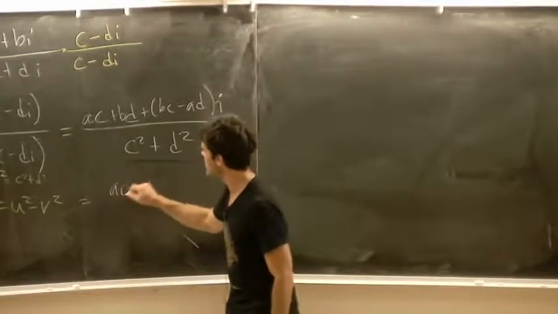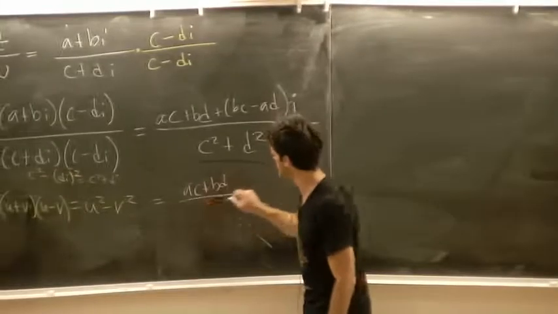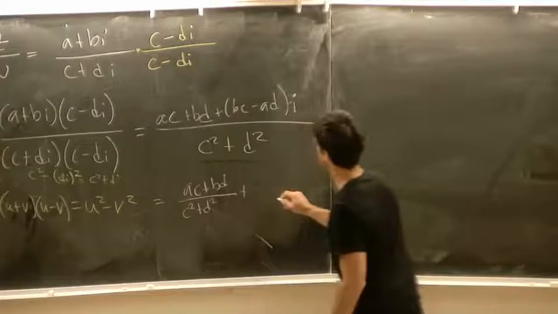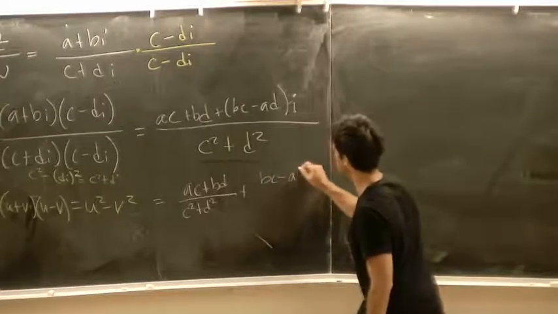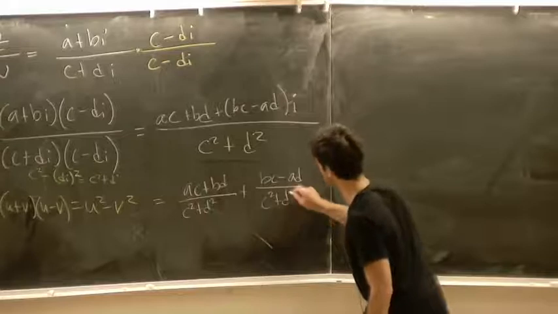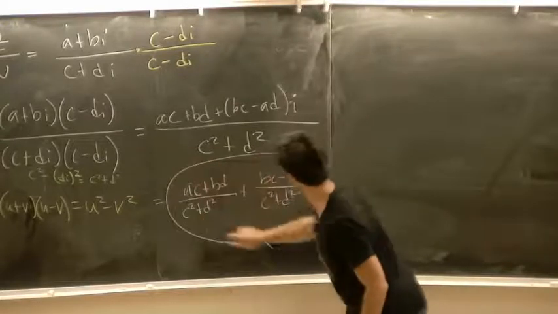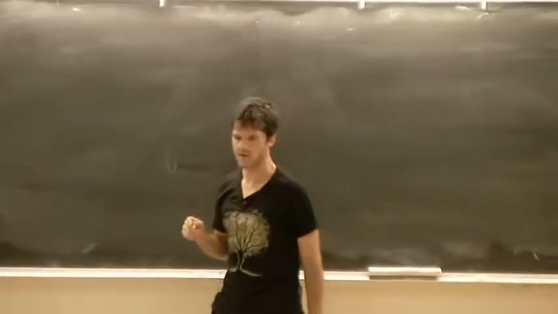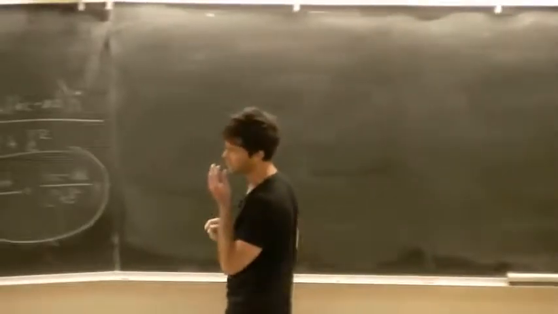This is (ac plus bd) over (c squared plus d squared) plus (bc minus ad) over (c squared plus d squared) times i. So that is how you divide complex numbers.